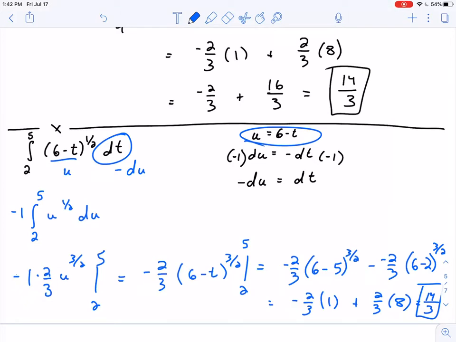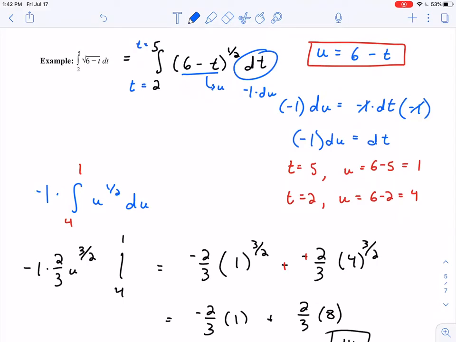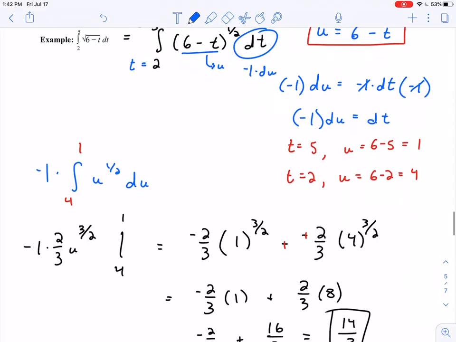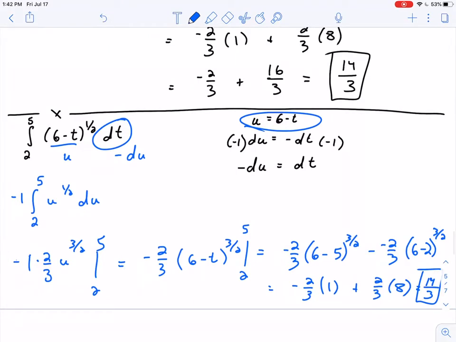So it doesn't matter which method you use. Like I said, I prefer this first one. This is how I'm going to be doing my problems and examples going forward. But if that just isn't working for you for whatever reason, you can use this second method and it's perfectly fine. You'll get all of the same answers. It's the same amount of work.